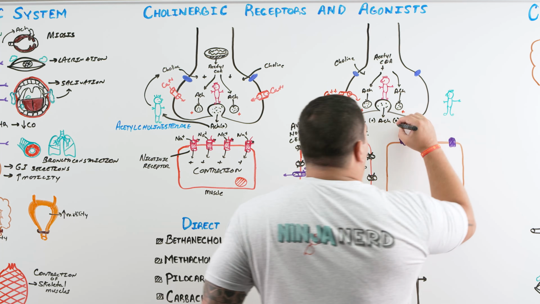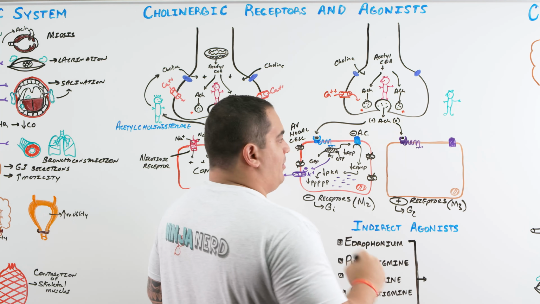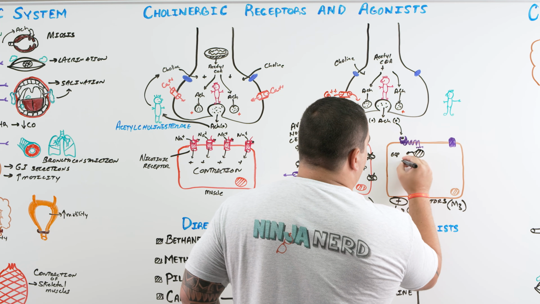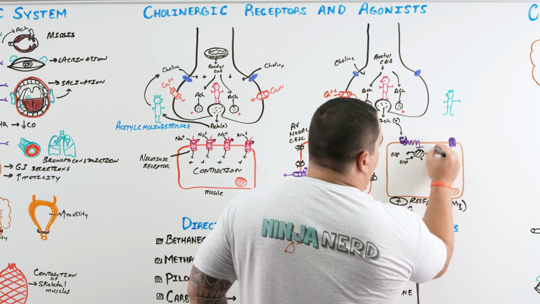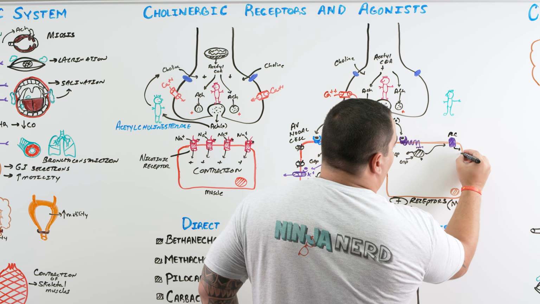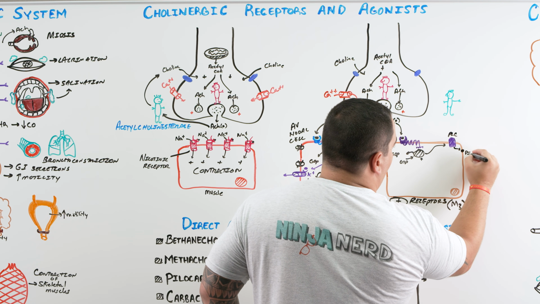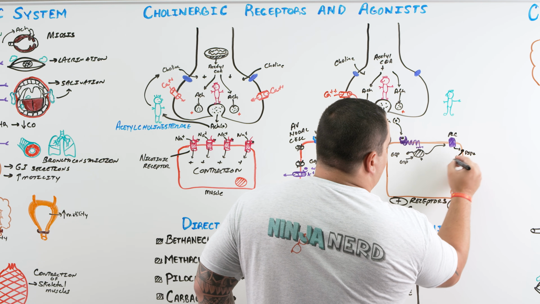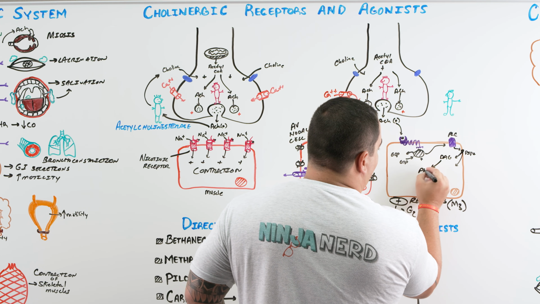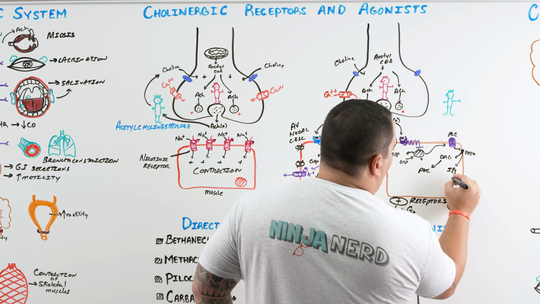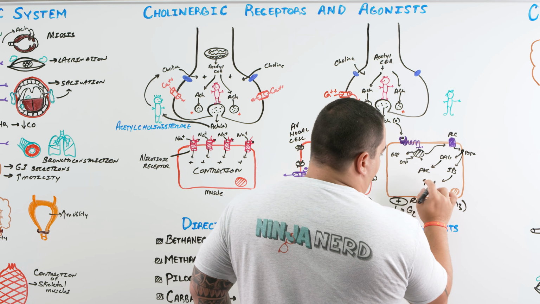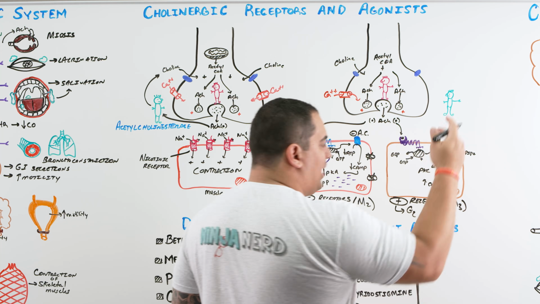It's the same concept. Acetylcholine binds onto this receptor, changes its shape, and activates a G protein, so it gets rid of a GDP and binds a GTP. When it becomes stimulated, it activates an enzyme called phospholipase C. Phospholipase C will break down a part of the cell membrane, a molecule called PIP2, into DAG, diacylglycerol, which activates protein kinase C, and IP3, which works to increase the calcium outflow from our sarcoplasmic reticulum or endoplasmic reticulum.